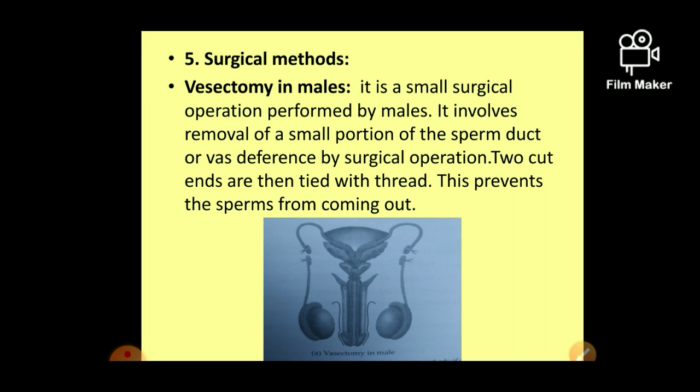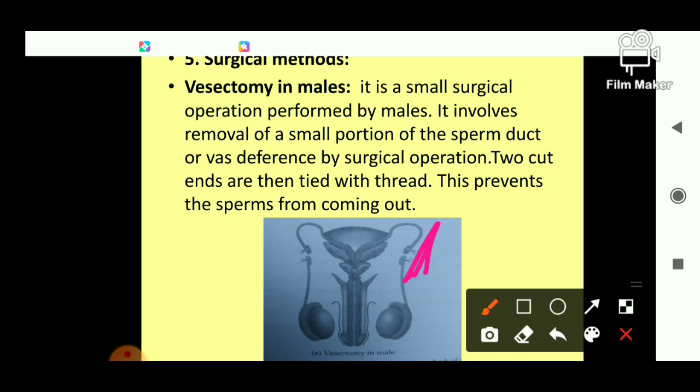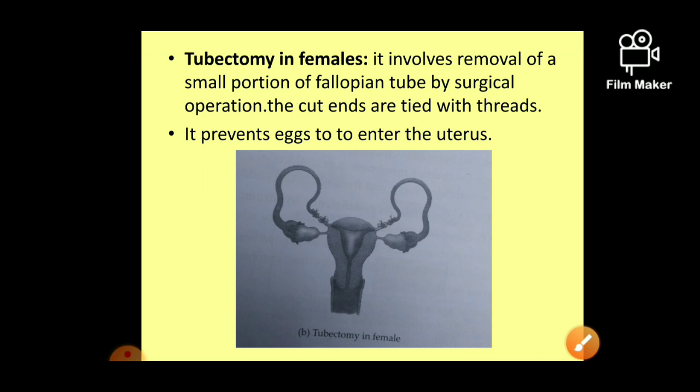Vasectomy is a small surgical operation performed in males, and it involves removal of a small portion of the vas deferens or sperm duct by surgical operation, and the two cuts, you can see the cuts. These cut ends are then tied with threads. This prevents the sperm from coming out. Now next is tubectomy.